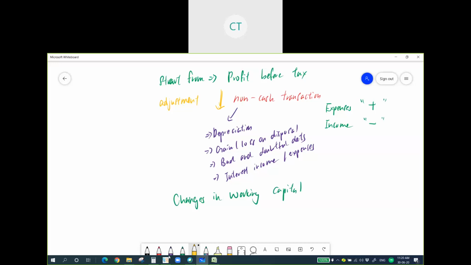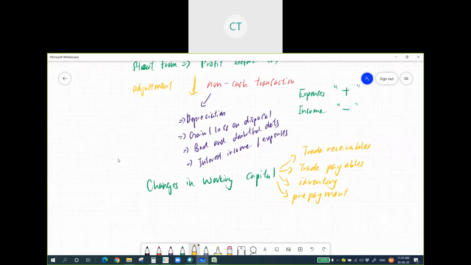Examples of working capital are trade receivables, trade payables, your inventory, prepayment. Those are the things that belong to the changes in working capital.